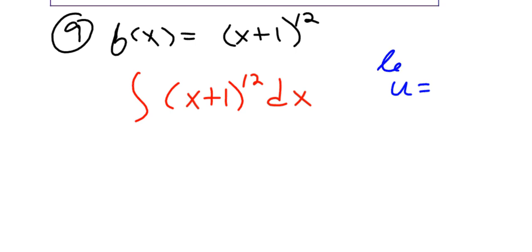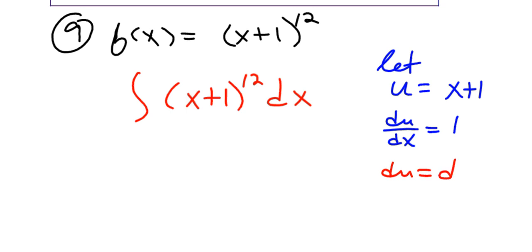Let u equal the inside of the parentheses, x plus 1. Taking the derivative, du dx, should be 1. I multiply both sides by dx and get du equals 1 dx. Notice I need to substitute not only the variable but the dx, so I use du to replace dx.